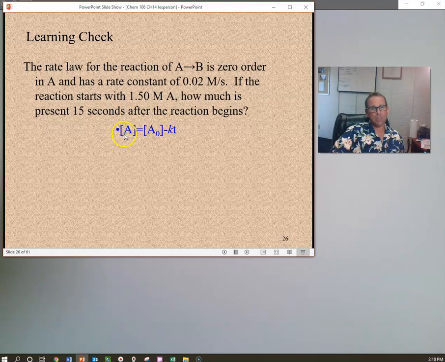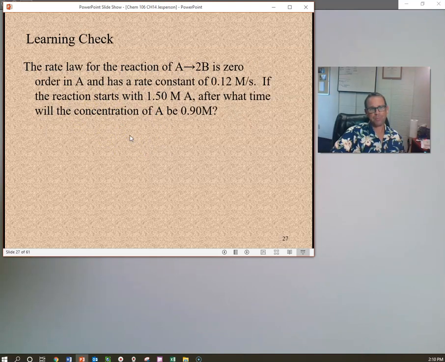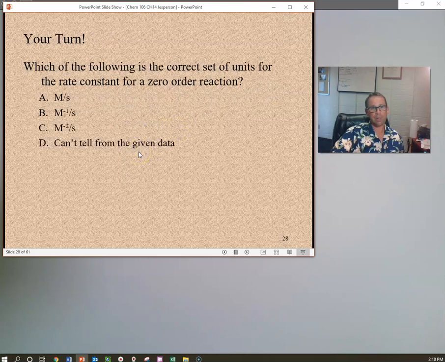And then given an initial concentration and the rate constant in this case and the time, we could solve for the concentration at time t, right? We also did this one here where we were given the initial and the final concentration and the rate constant, and we solved for time.